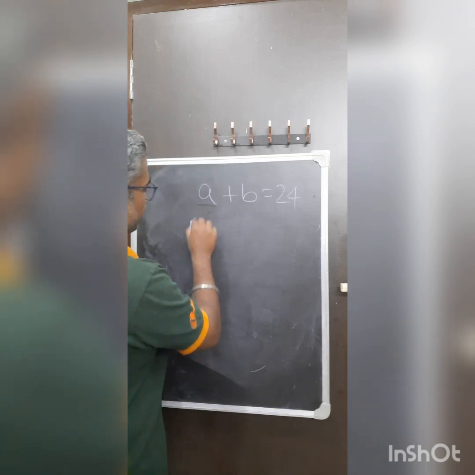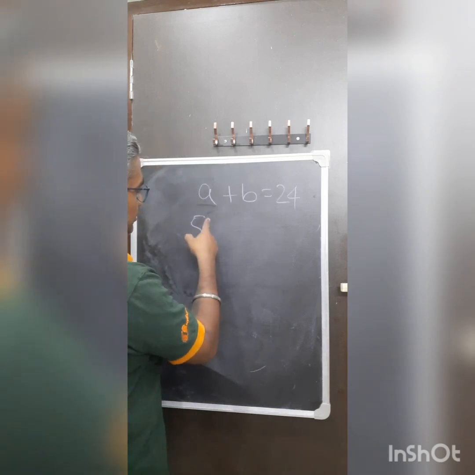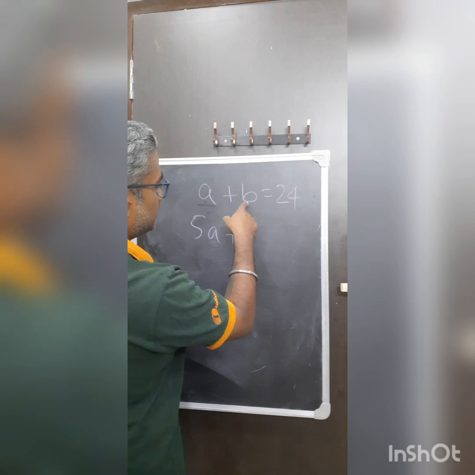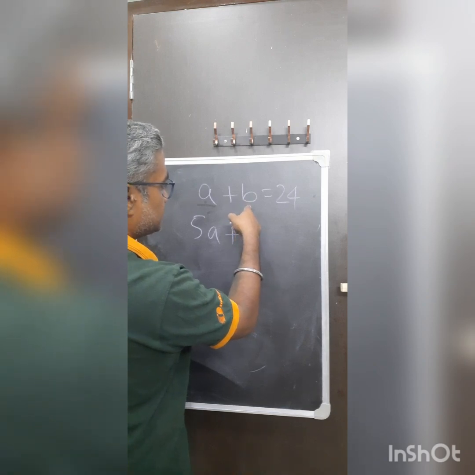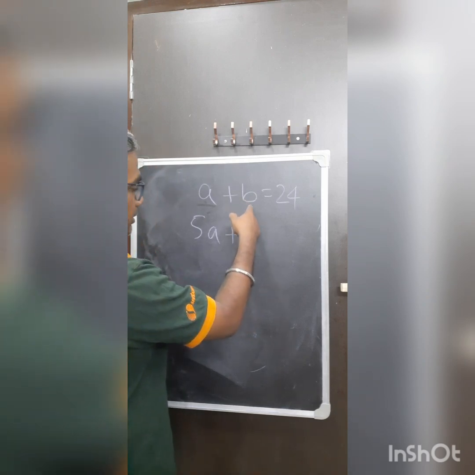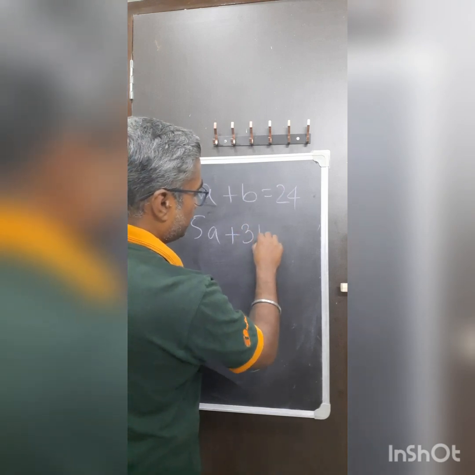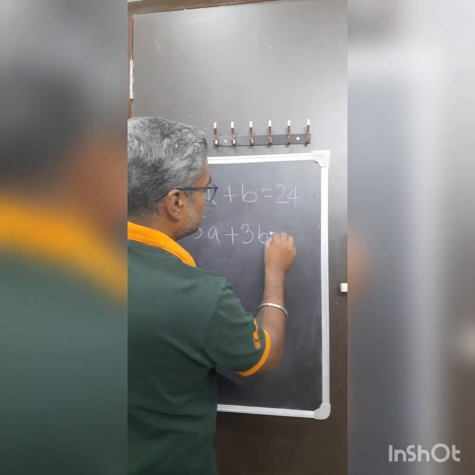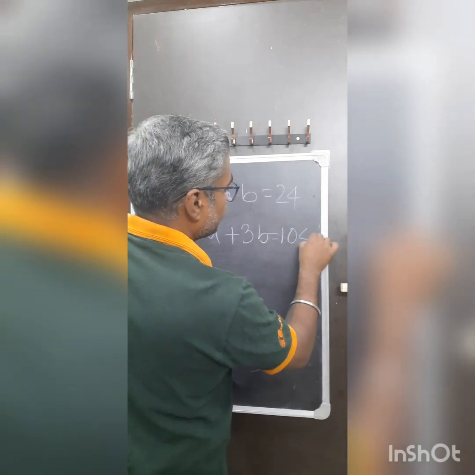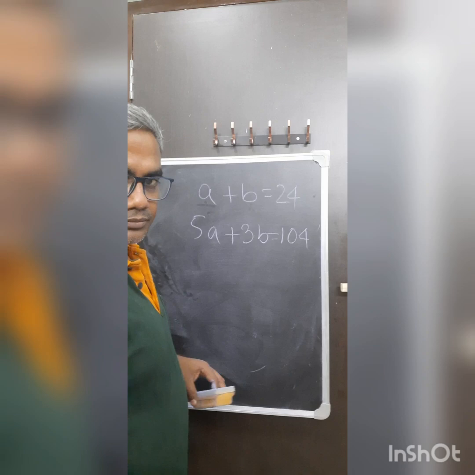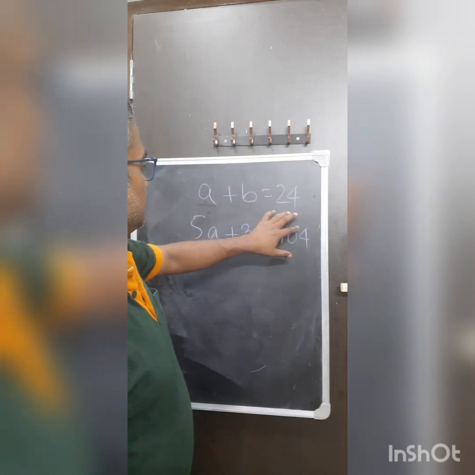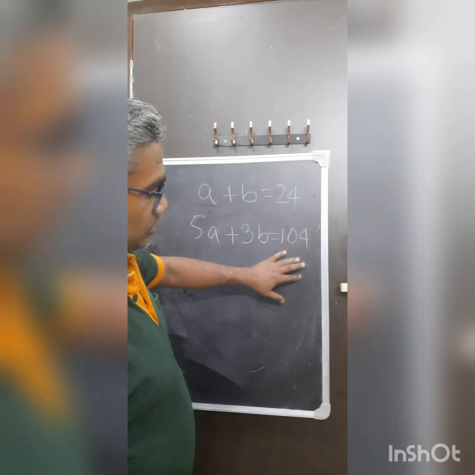Next, the A type of questions carry 5, so the total marks is 5A, and the B type carry 3 marks, so the total is 3B. So this will give you 104. Understood? If you understand the question, it is very easy to solve.